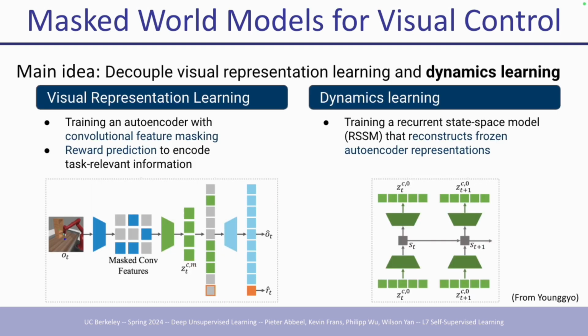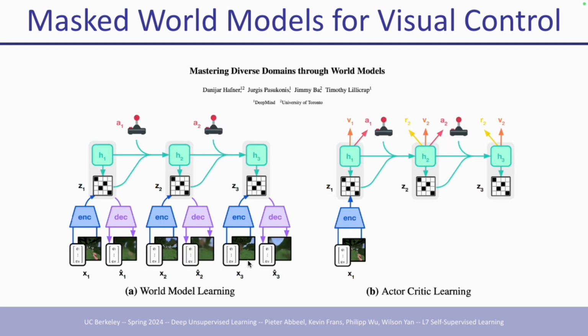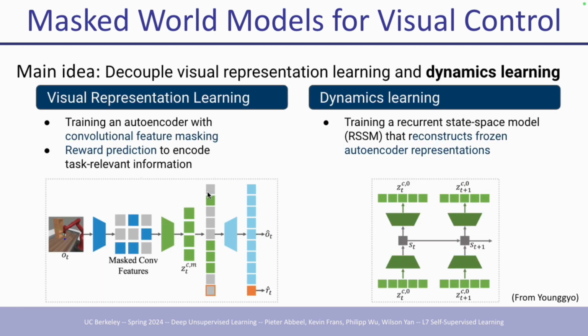The innovation that Youngyo had here is let's try to decouple the representation learning from the dynamics learning. So in this type of approach, we try to learn the representation as well as learn the dynamics of these representations. But potentially we can try to decouple that, and that might make things more efficient.